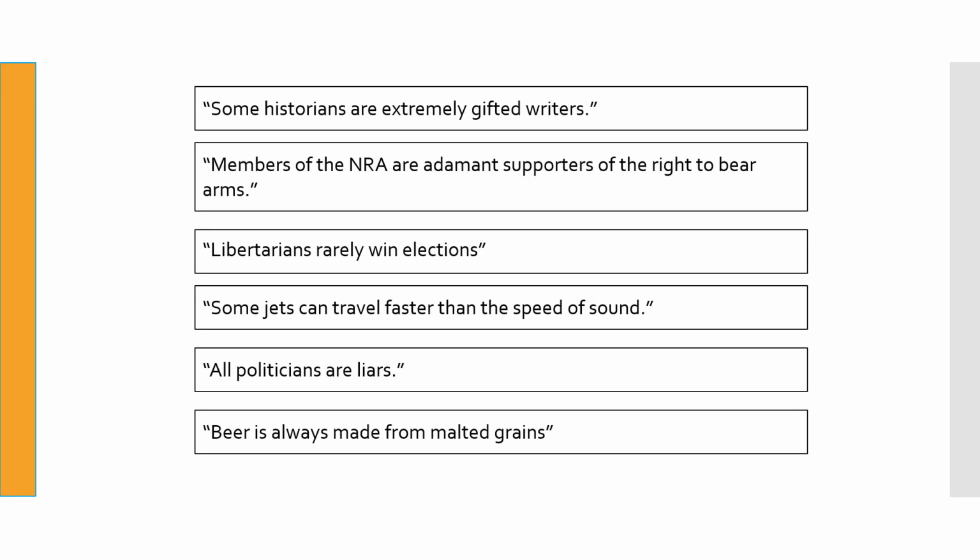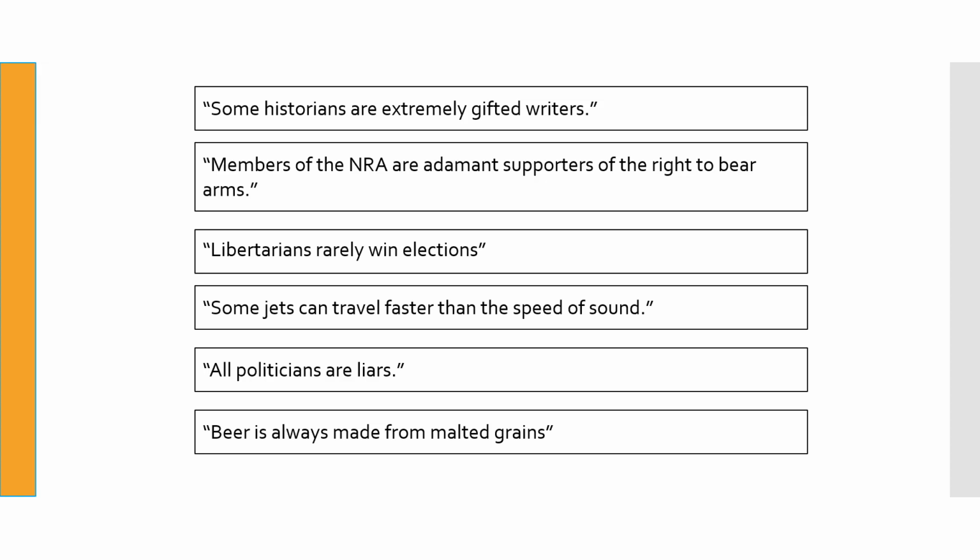So to offer you some examples of categorical propositions, though not in standard form, but rather in ordinary terms, examples like some historians are extremely gifted writers. And notice what we get here is a claim about the class or category of historians in its relationship to the other class of things called extremely gifted writers. Or if we look at something like some jets can travel faster than the speed of sound.